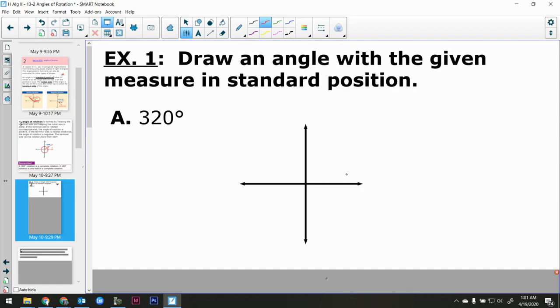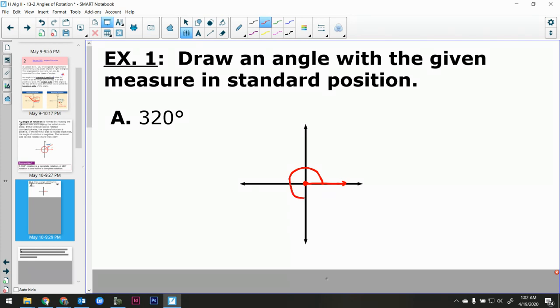So, draw an angle with the given measure in standard position. Start off with a ray on the positive x-axis, and then I open it up 320 degrees. Now, you're going to see me drawing these little spirals here. Past this section, I'm not going to be doing that anymore. So think about it. Open it up, 90, 180, 270.